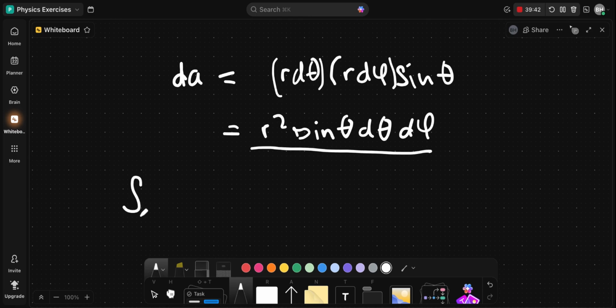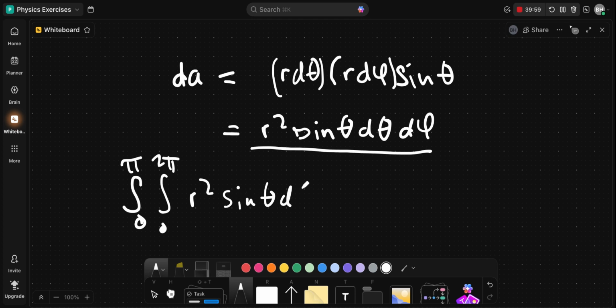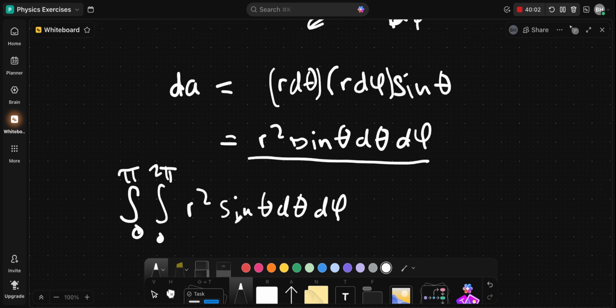Theta goes from 0 to pi, and phi goes from 0 to 2 pi. I'm going to do this for a sphere of radius r. You know what you expect, but I just want to show you that this works.